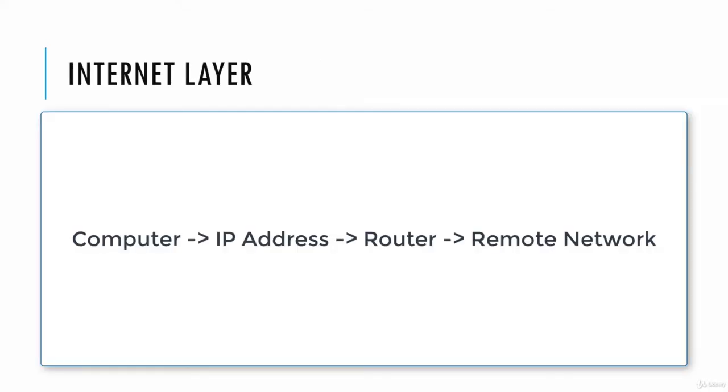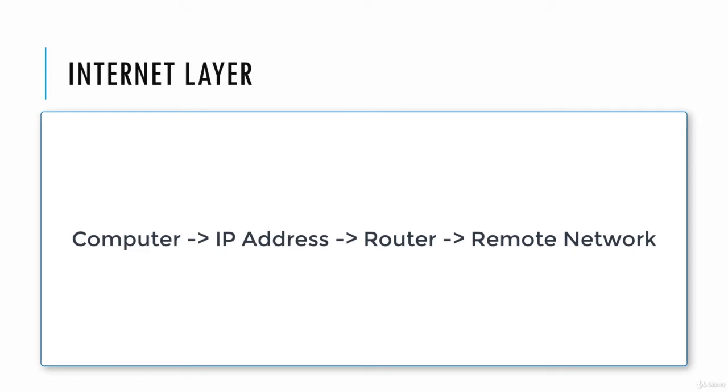So the next layer is the internet layer. This is the most popular layer because its main goal is to provide logical addressing and routing. Usually at this layer, the protocol used is IP, Internet Protocol. IP allows us to use a logical hierarchy of IP addresses for routing. Every PC can access devices only within its own network, but it has a gateway, which is a router.